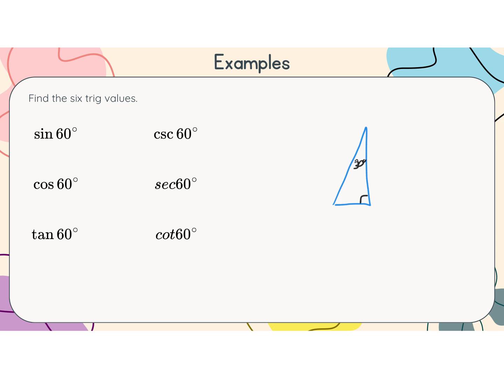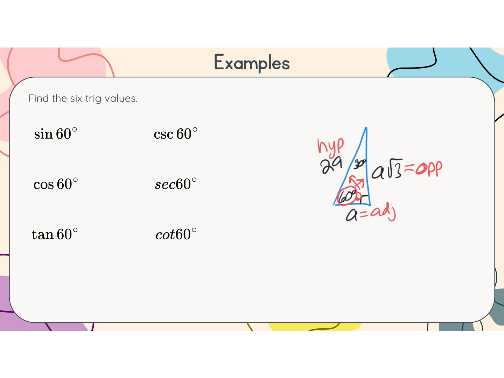So this is 30 degrees, 60 degrees. I know that the side opposite 30 is a, the side opposite 60 is a square root of 3, and the hypotenuse is 2a. This time our angle of interest is 60 degrees. So that means our opposite is a square root of 3, our adjacent is a, and our hypotenuse is still 2a.